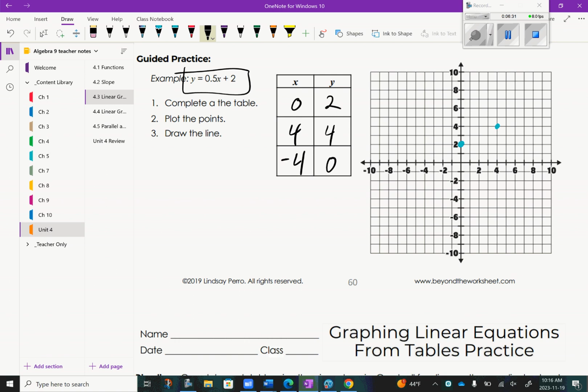Well, look at that. That's an easy point to plot also, because I have to go to the left, negative 4, and the y coordinate is 0, so it's right there on the x-axis. Eyeballing it here, it looks like those points line up pretty well. Let's try and put a line through them.